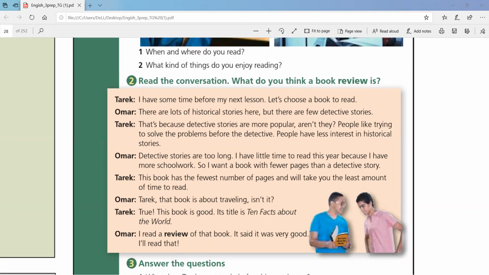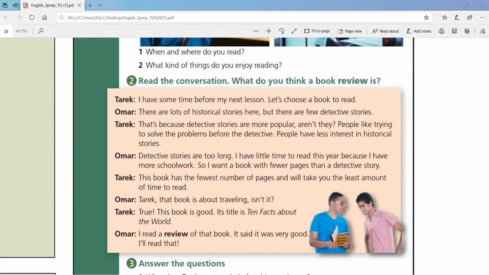People have less interest in historical stories. Umar, detective stories are too long. I have little time to read this year because I have more schoolwork. So I want a book with fewer pages than a detective story. Tariq, this book had the fewest number of pages and will take you the least amount of time to read.